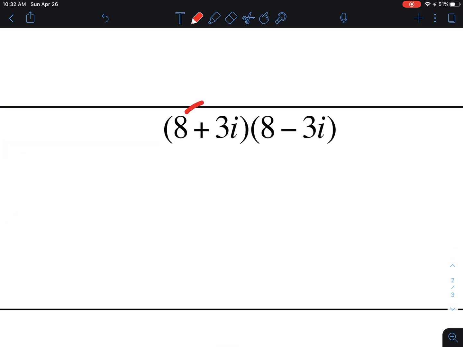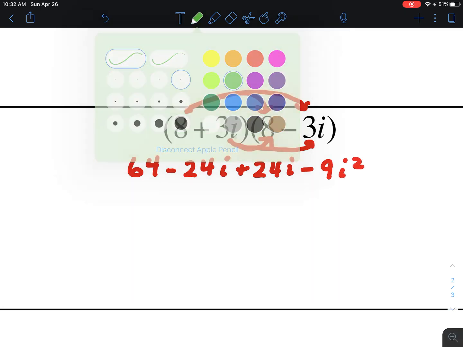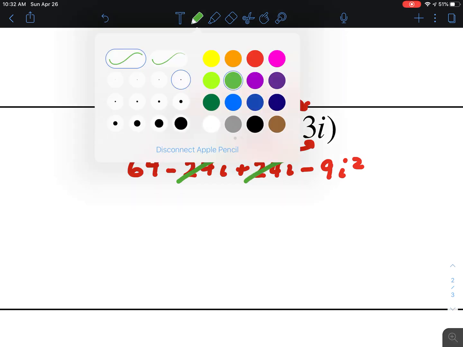You want to do a distribution? Let's go ahead. So 8 times 8 is 64. 8 times negative 3i is negative 24i. 3i times 8 is positive 24i. And 3i times negative 3i is negative 9i squared. What happens to the two middle terms? When we go to combine, they disappear, right?